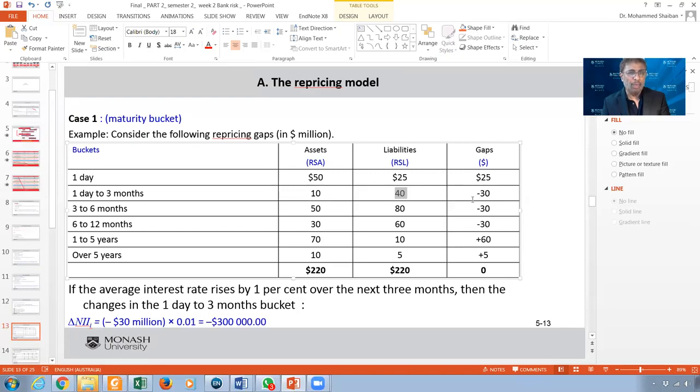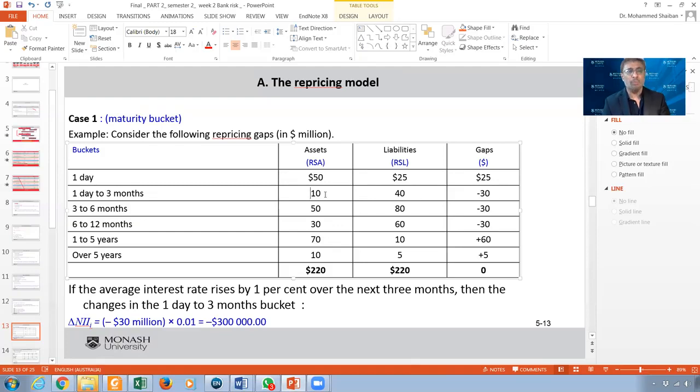Now the liabilities are higher than my assets, and I will be subject to what we call refinancing risk, because 40 will leave my liabilities. Maybe they are loans in other buckets or whatever, but 40 will leave.